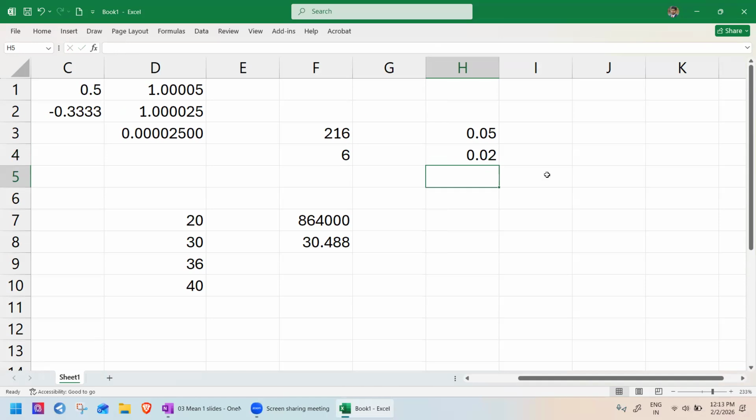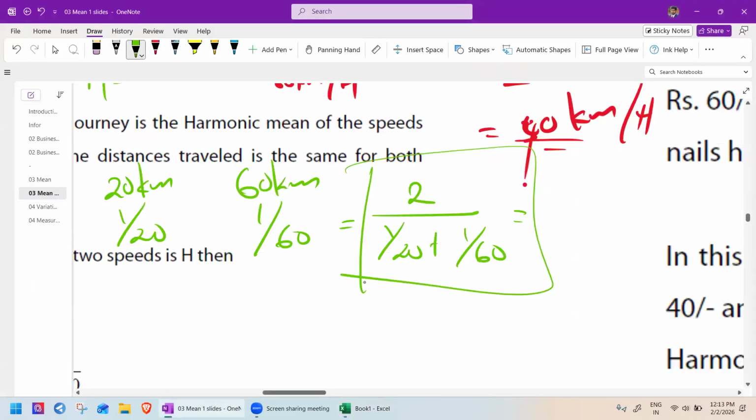Then there are two observations, so 2 should be divided by this value plus this value. Yes, 30 kilometers per hour. Right? 30 kilometers per hour. That is the answer.